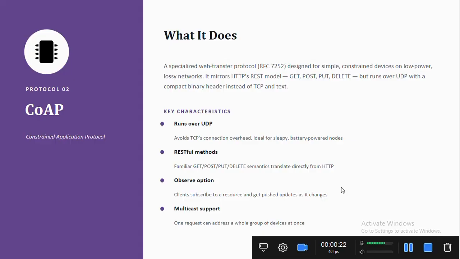So this protocol is the Constrained Application Protocol. Compared to the MQTT protocol, CoAP is a specialized web transfer protocol, RFC 7252. It is designed for simple applications with constraints, like working under low power or lossy networks, such as when you are in a movement state or a robotic form that keeps moving from one place to another. That creates lossy networks, and these lossy networks trigger a lossy power supply.